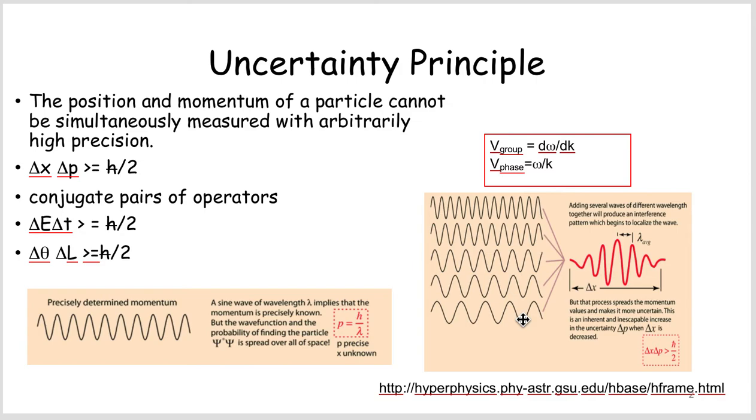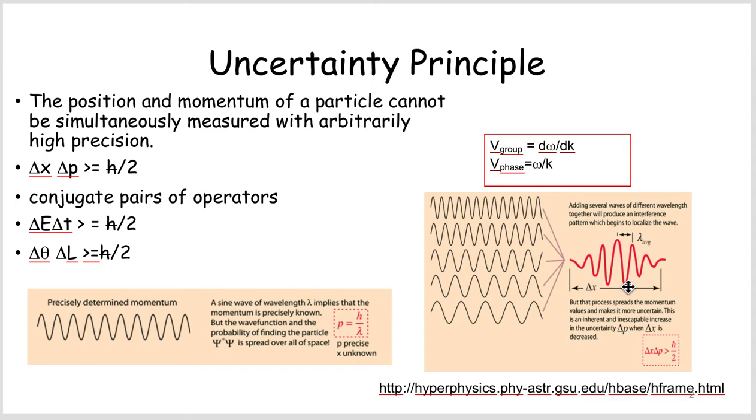Let's say the mean value is p naught, and the uncertainty or the range of the momenta is delta p. So the position has a mean value x naught, and the uncertainty in this position is delta x. The Heisenberg uncertainty principle says that the product of this delta x and delta p will always be greater than or equal to h over 4 pi.